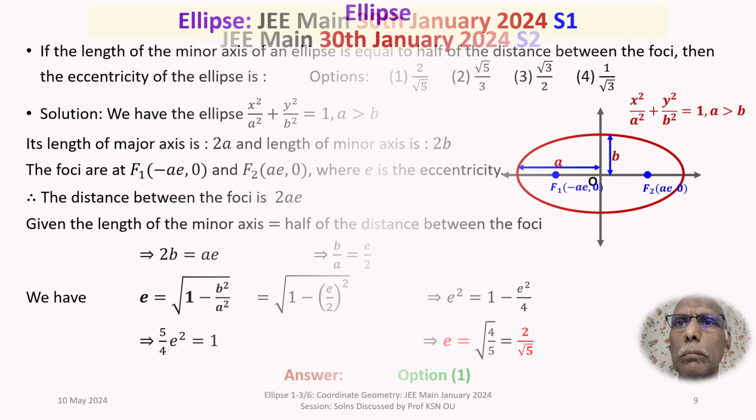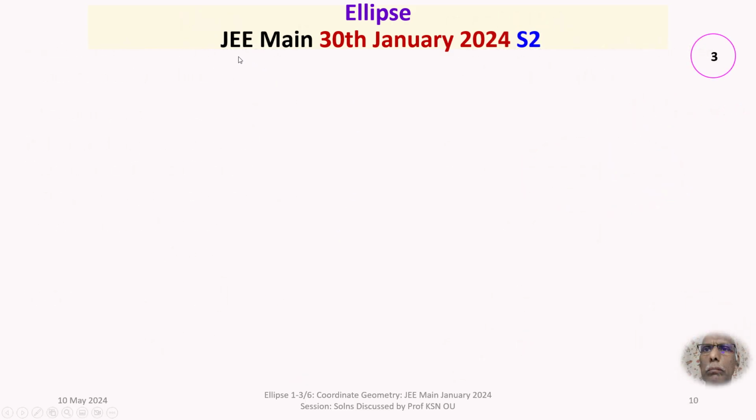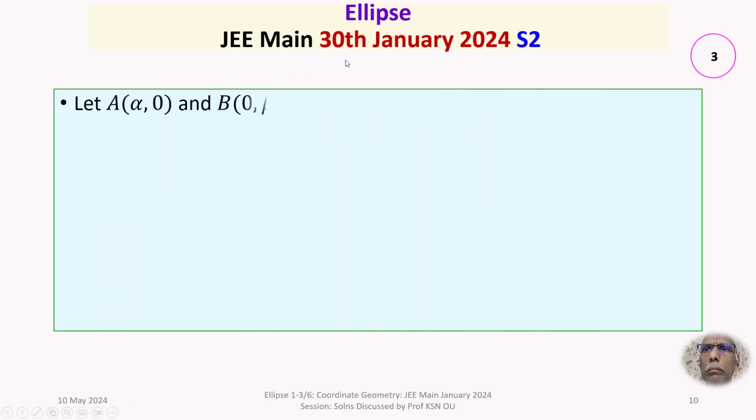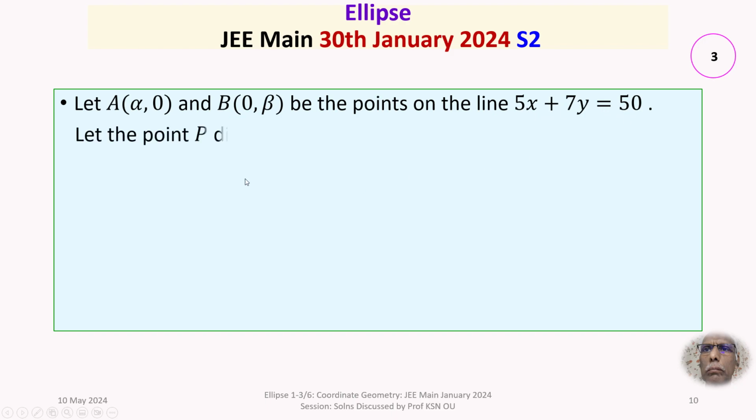Let's now move to the next question. This question has appeared in the JEE main exam held on 30th January 2024 in the second shift. The given question is, let A alpha comma 0 and B 0 comma beta be the points on the line 5x plus 7y is equal to 50.